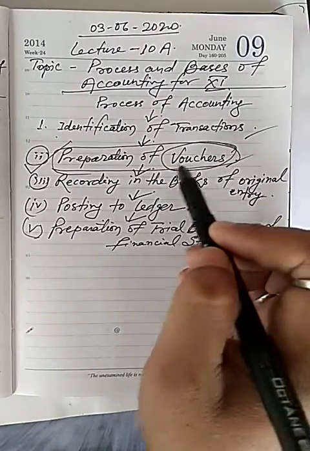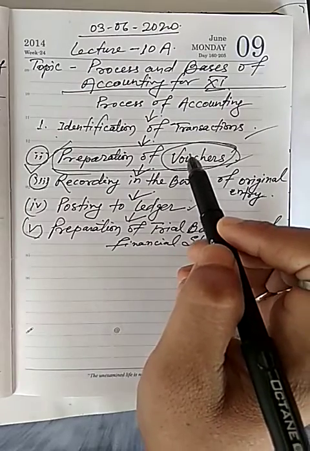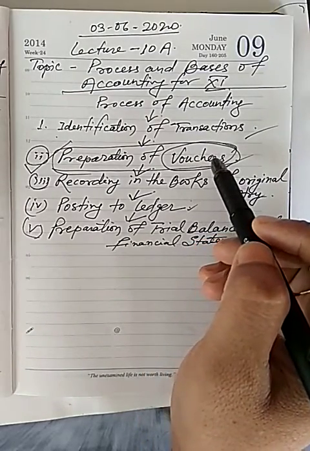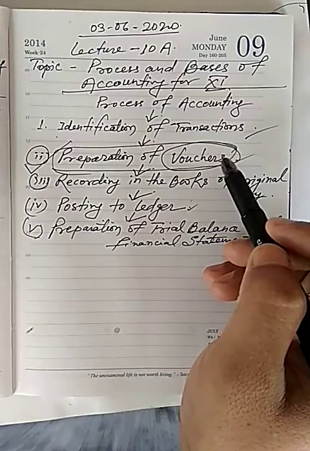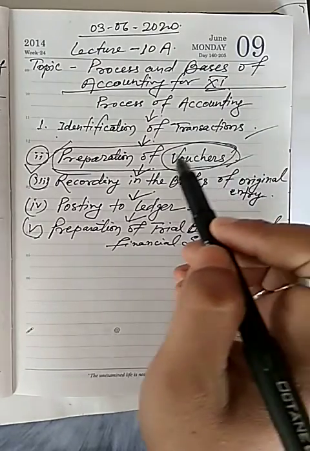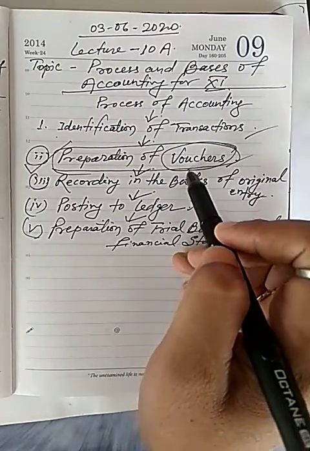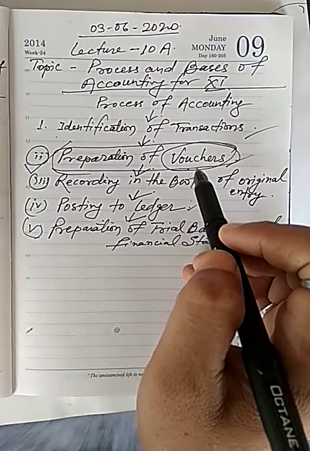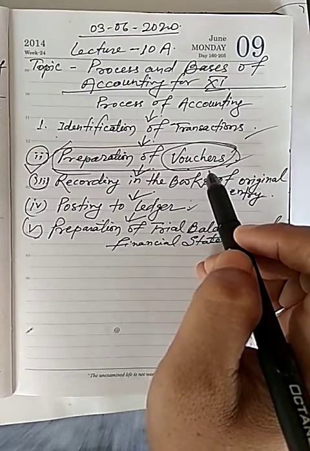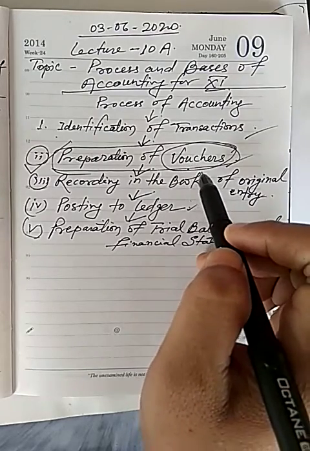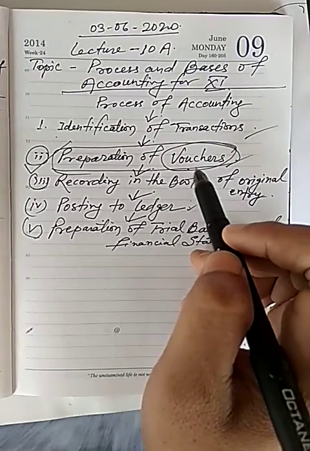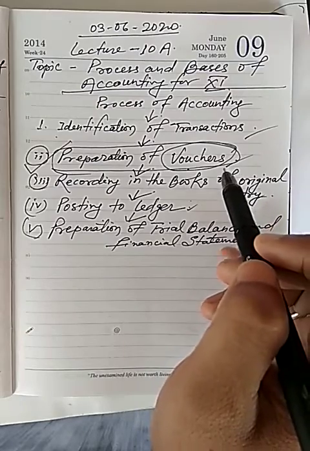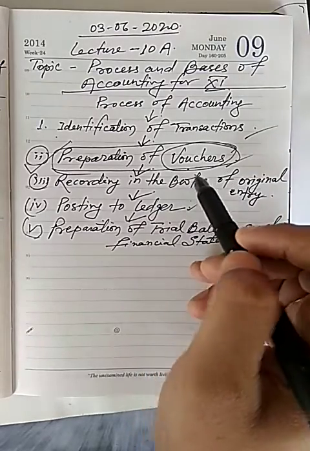A separate voucher is prepared for each transaction, and it specifies the account to be debited and credited. Source document is generally attached to the voucher.